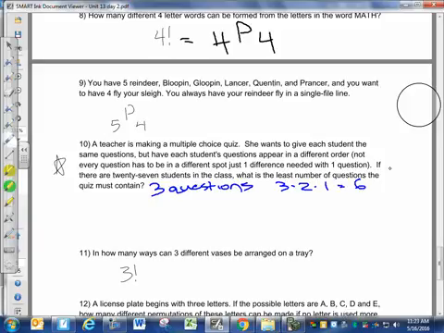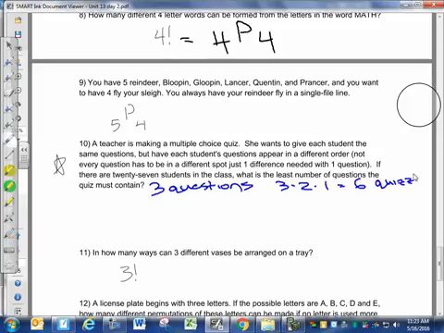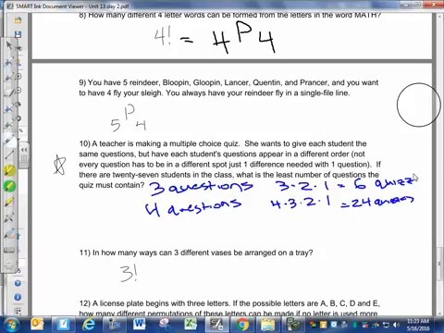So this is 6 total quizzes that you can make from 3 questions. Well, if I had 4 questions, how many total different quizzes can I make? 4 for the first, 3 for the second, 2, then 1. This is 24 quizzes that I can make.